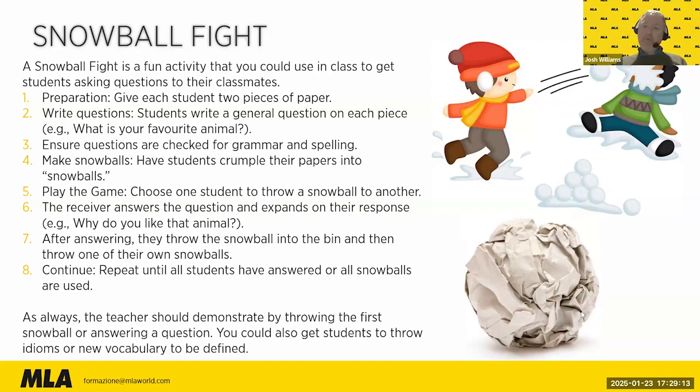Right? What you really want to encourage students also is that they should be able to throw this snowball at anyone, not at a particular person. So you don't want them to be asking a friend a question that is specific to that friend or that person.